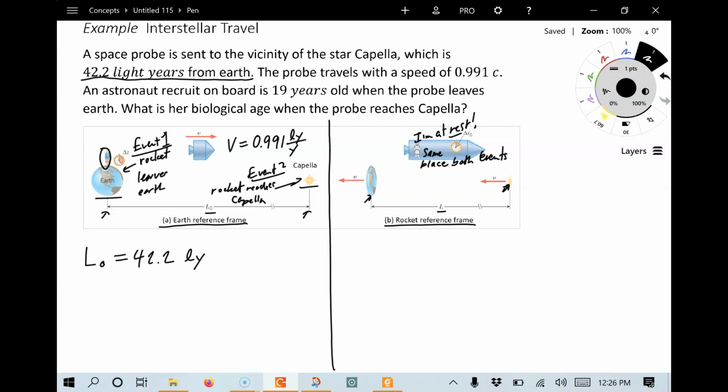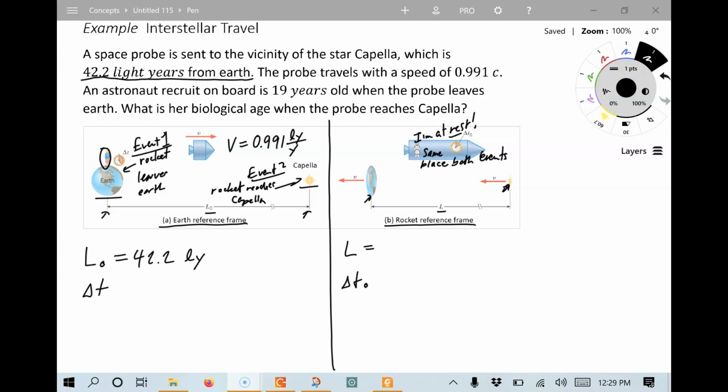So they're going to have a contracted length, but they will measure the proper time. Whereas for the Earth observer, delta t here, the two events from their point of view, one is at the Earth, one is way over Capella, two different points in space from their point of view. That means that that's going to be a dilated time.